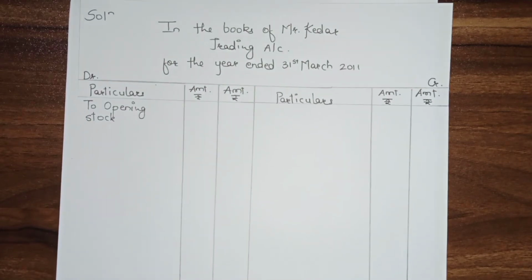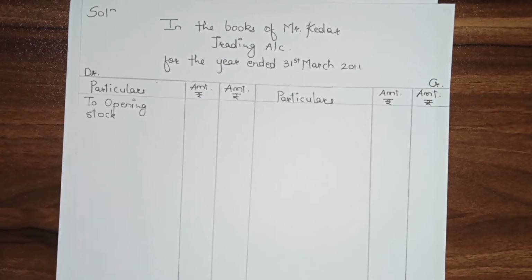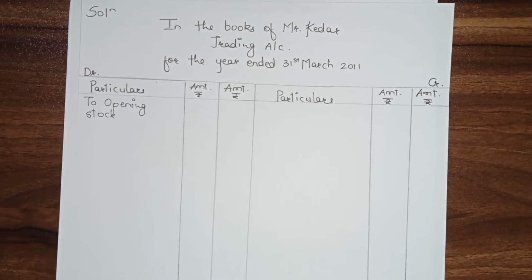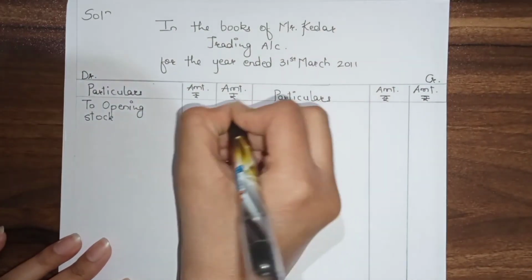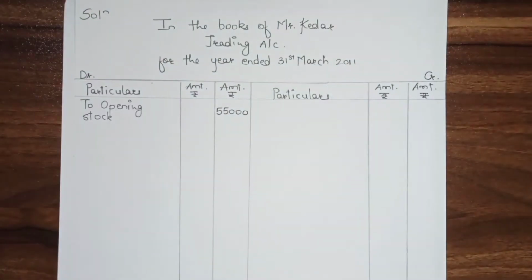That is why we have to create two columns. Now for opening stock we don't have any adjustment, so we are going to write down the amount of opening stock directly in the outer column, 55,000. So this is how the first item we have posted in trading account.